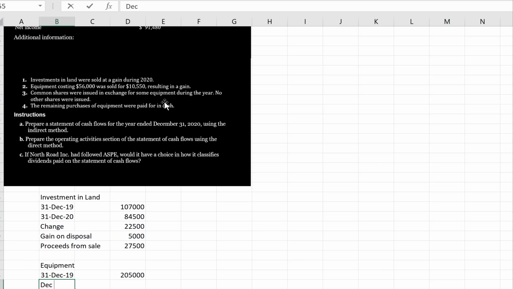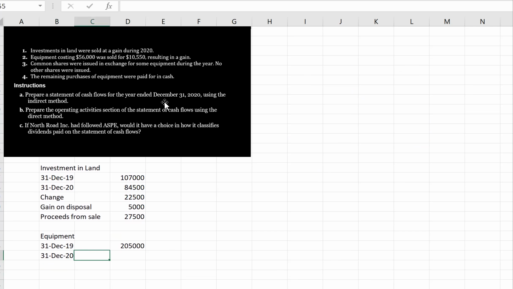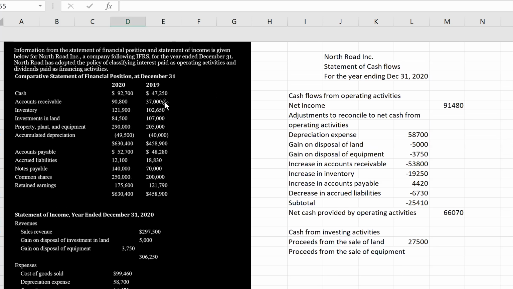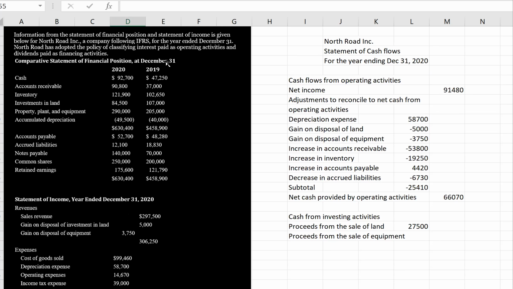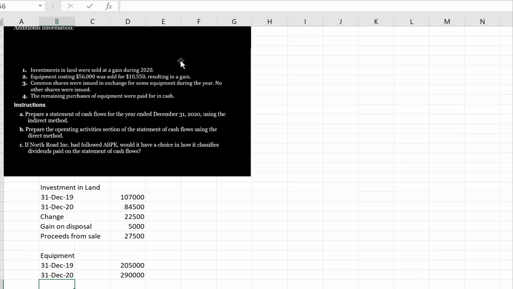Okay, and then December 31st, 2020, let's take a look. PP&E is going to be 290,000. So the change in that account is going to be, it went from 205 to 290, so it increased.